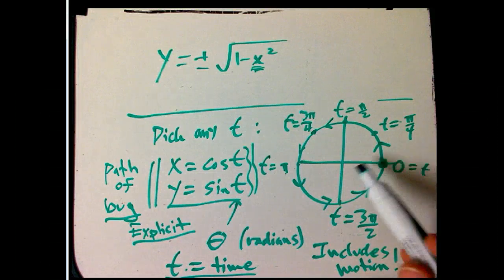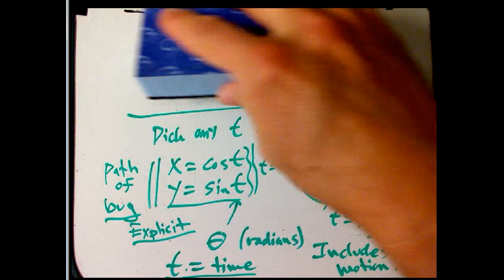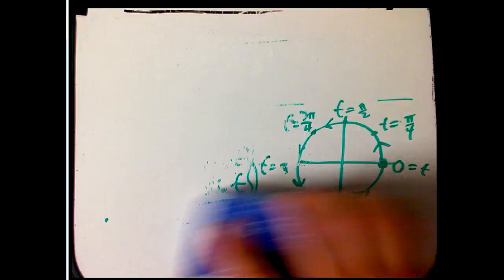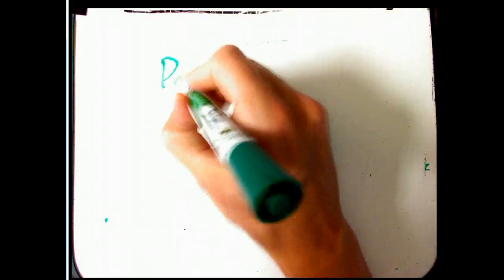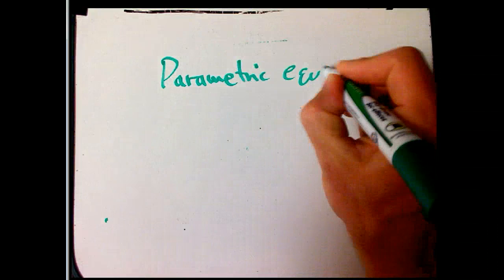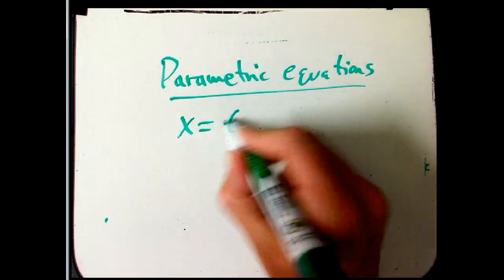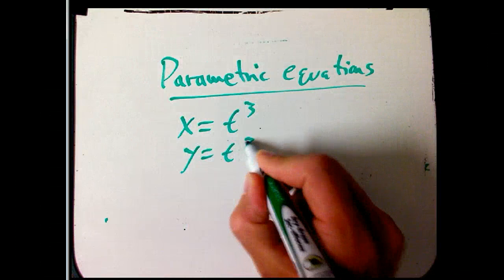So we're going to look at a lot of these kinds of situations where instead of having some implicit equation, some yes or no test for an x and y that you give me, we're going to have what's called a pair of parametric equations. For example, like x equals t cubed, y equals t squared.